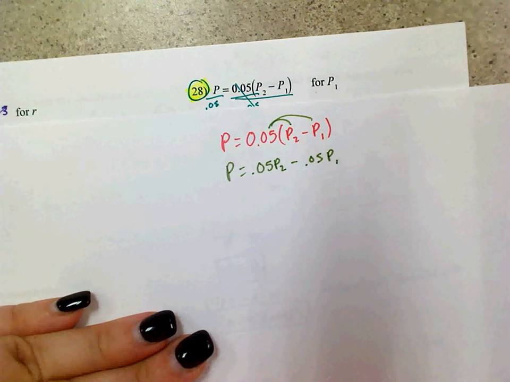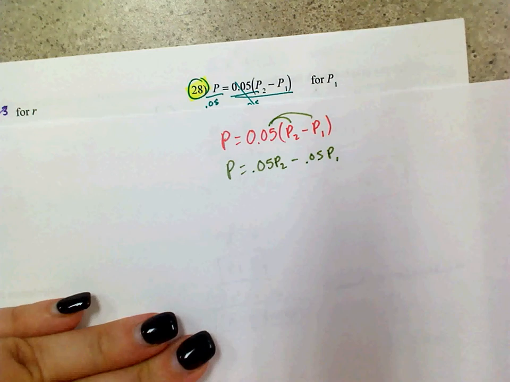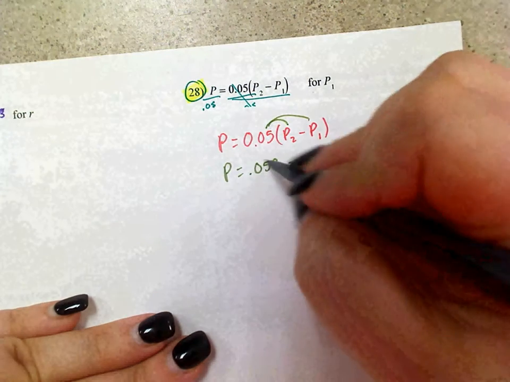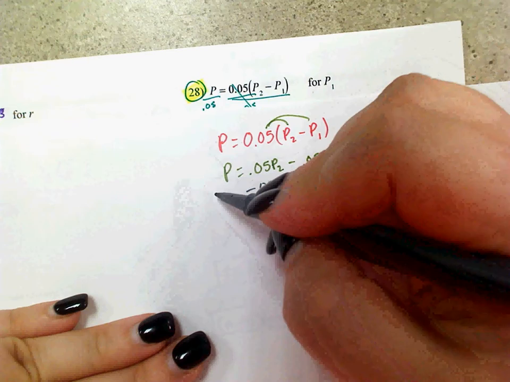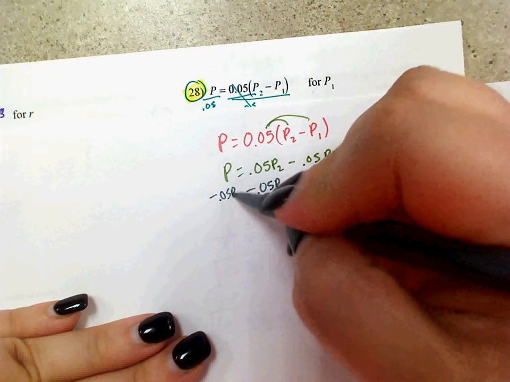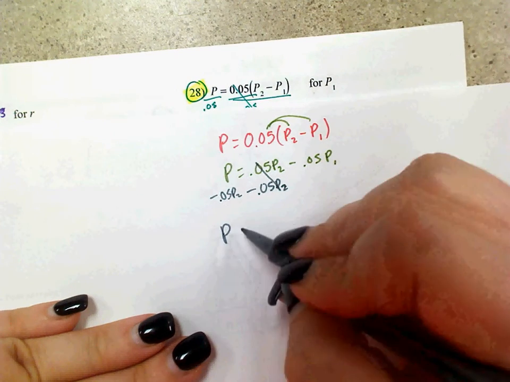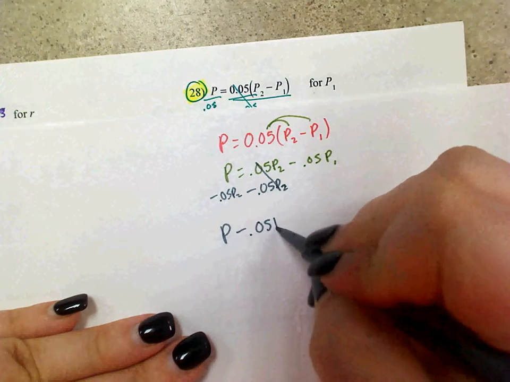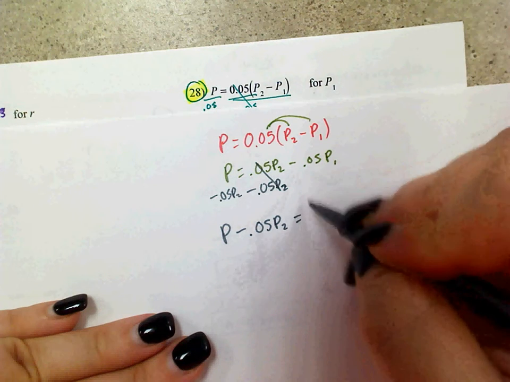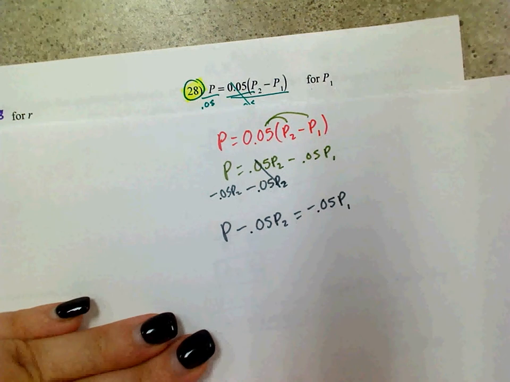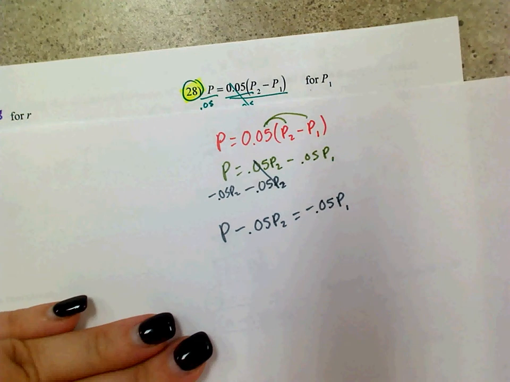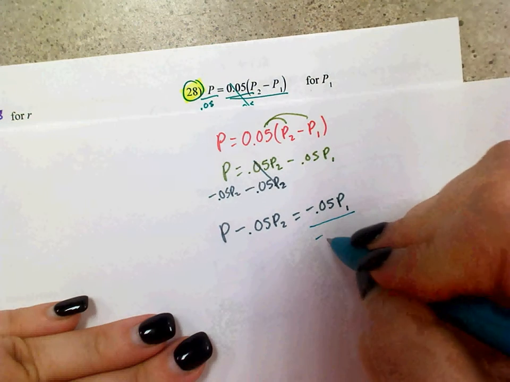Then you would subtract this, 0.05 p sub 2, and you're left with p minus 0.05 p sub 2 equals negative 0.05 p sub 1. And then you want to solve for p sub 1, so you divide by what you're multiplying by, negative 0.05.